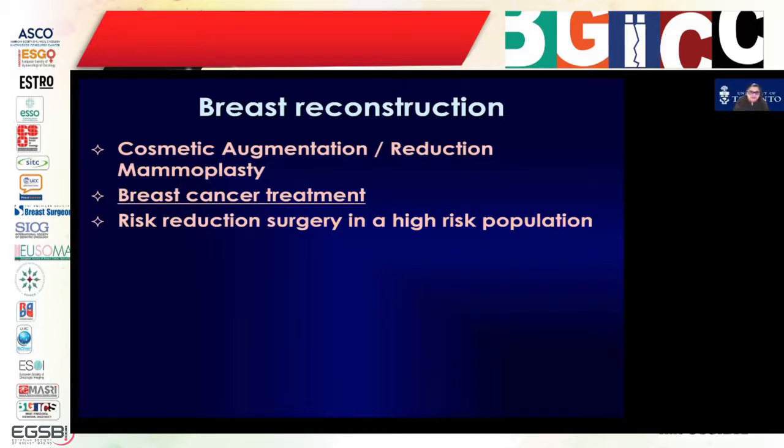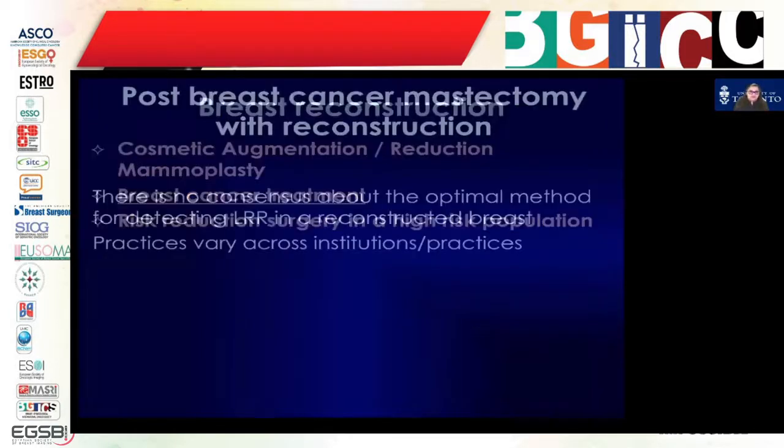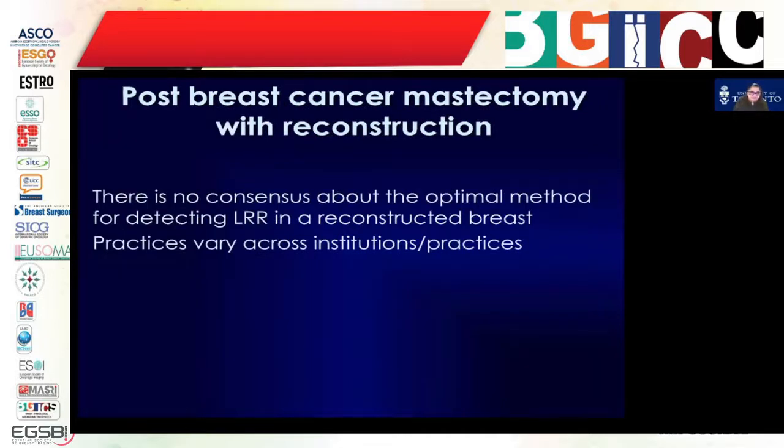So these are the women who will have mastectomies followed by reconstruction. But today we're going to focus on breast reconstruction that happens as a sequela of breast cancer treatment. So we're just going to focus on that particular group.